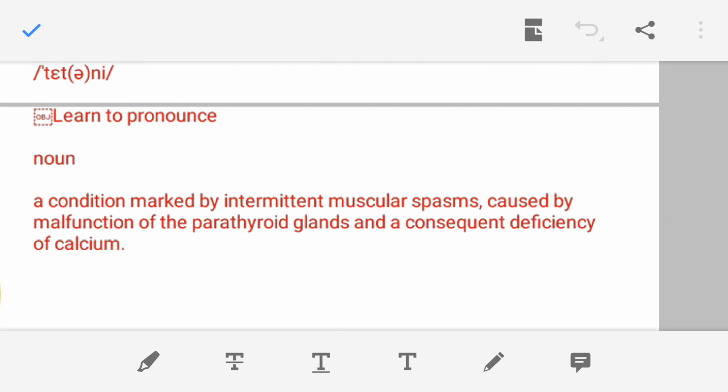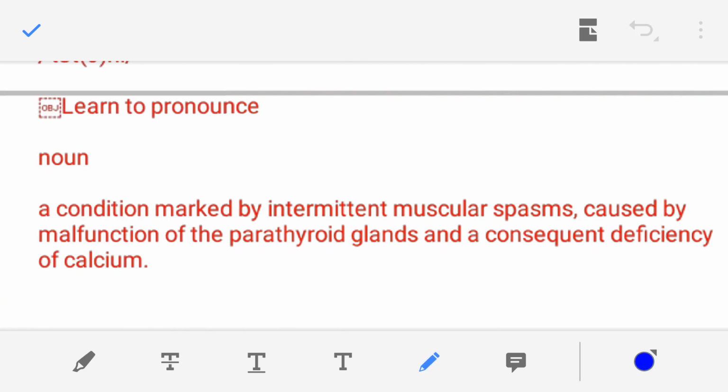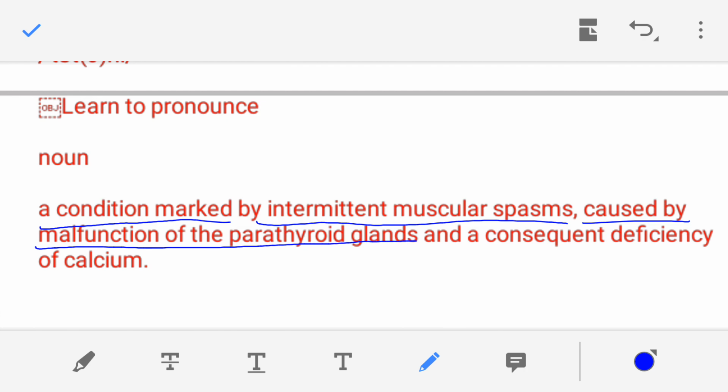So Tetany, see the definition. Tetany is a condition marked by intermittent muscular spasm, and this muscular spasm is caused by malfunction of the parathyroid gland and consequent deficiency of calcium.